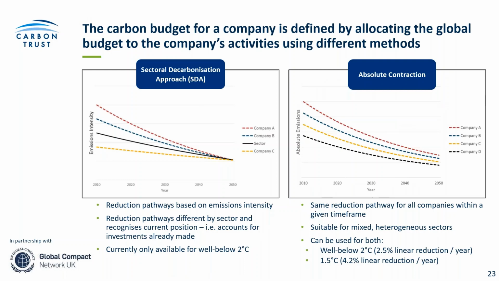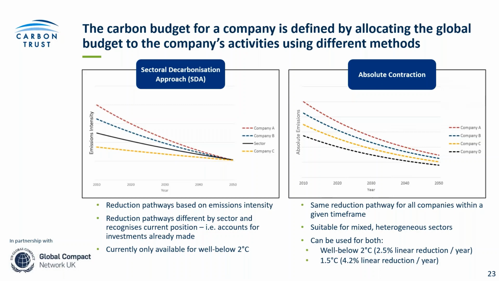Next slide, please. So the 2 most common approaches taken by businesses today, we mentioned more than 800 companies to date, signed up to these approaches. For companies where there is a sector-based approach, they can follow the sectoral decarbonisation approach. Essentially that is a reduction pathway based on emissions intensity.